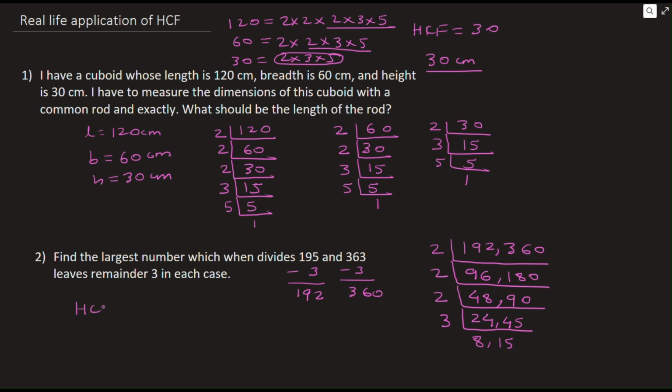So the HCF is the product of these numbers on the left, and the answer is the product of these four numbers, that is 2 times 2 times 2 times 3, which is equal to 24.